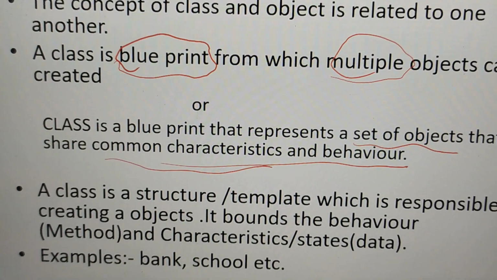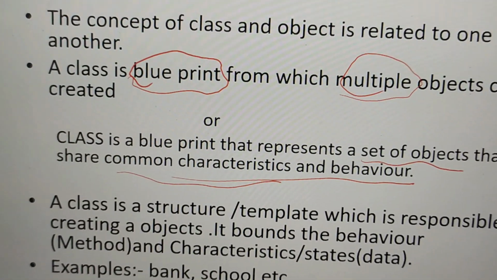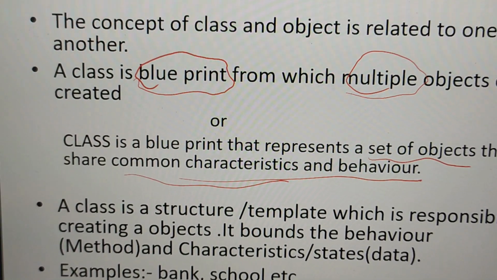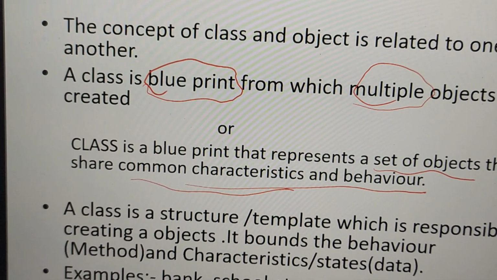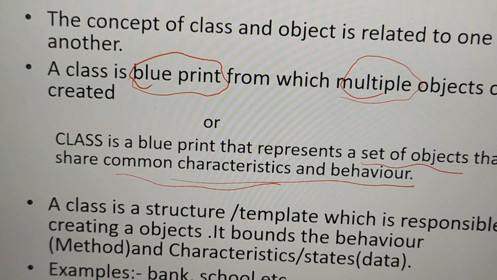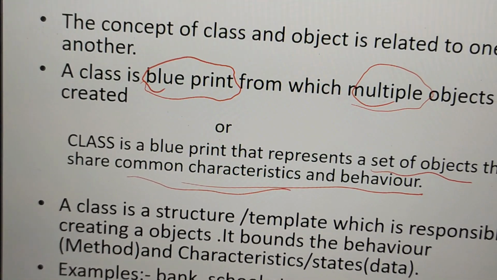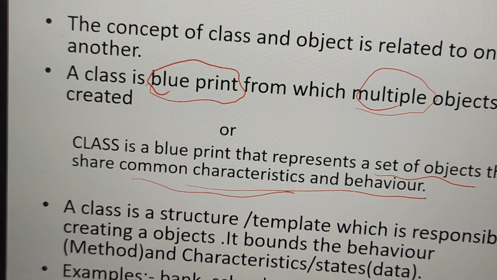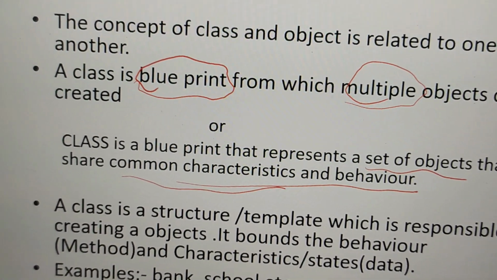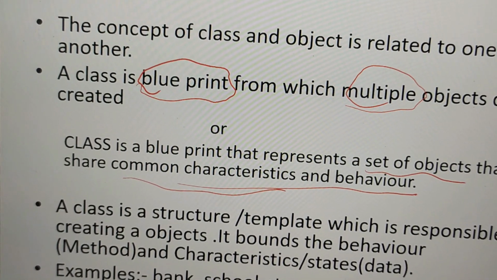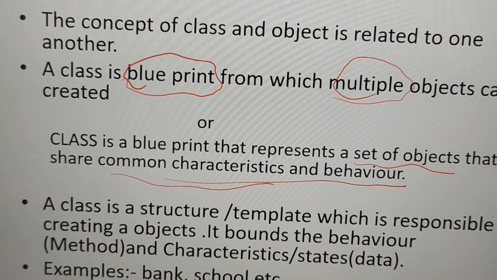So now come back to the definition again. The object contains what? The state and the characteristics. State or characteristic is the data, and the behavior is the method. These two things are related to the object. The behavior is nothing but the method, and the characteristic is nothing but the data.